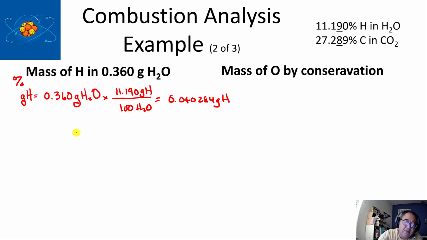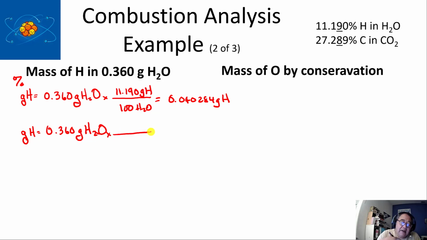You can also follow the mole pathway, and so I do want to show you that as well. So you can go to grams of hydrogen, and you have 0.360 grams of H2O, sorry, and we're going to convert that into moles of water.